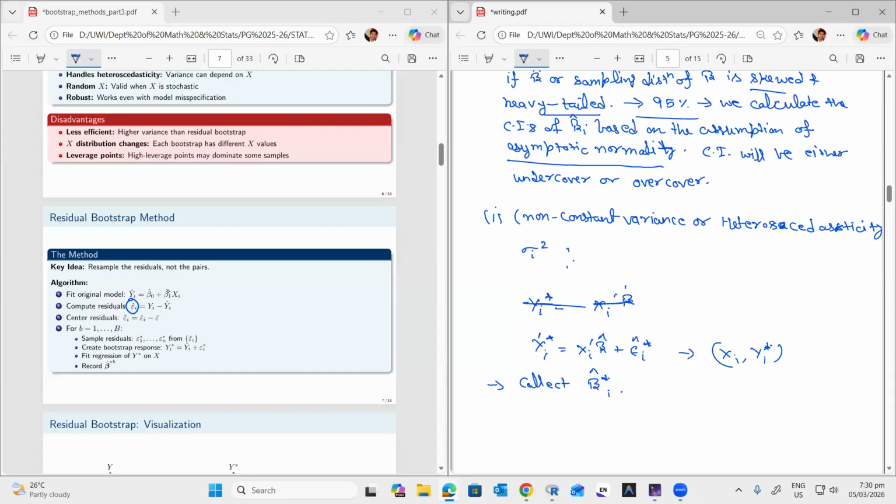In that one, we assume that the model is correctly specified, meaning the model is linear in the parameters, and errors are IID, identically independently distributed, meaning they are exchangeable.